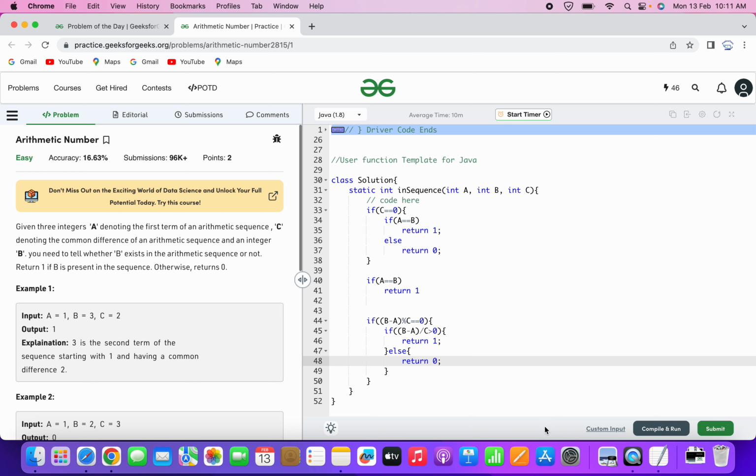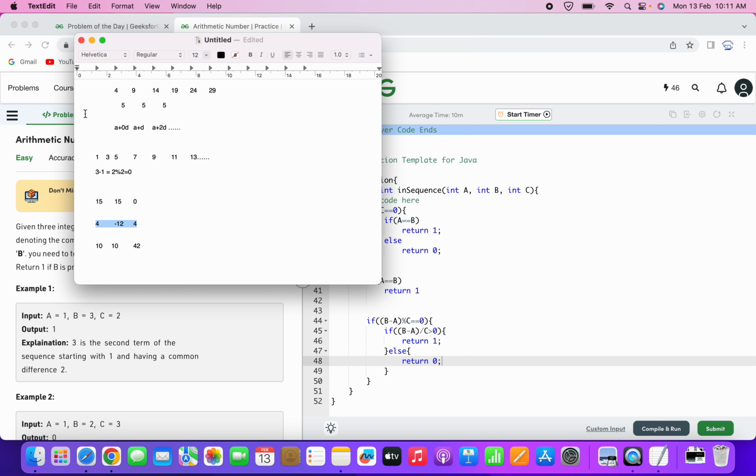I hope I am clear with this point, with this expression, that if we subtract B minus A here, then we will get some number. Actually B minus A will be minus 16 here, and if we divide it by 4, then whatever number we will get will be negative.